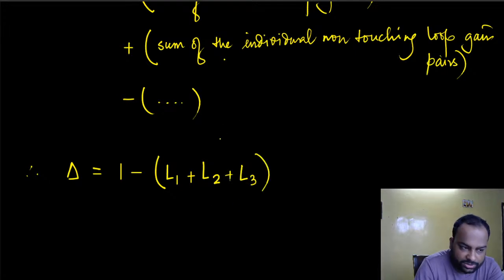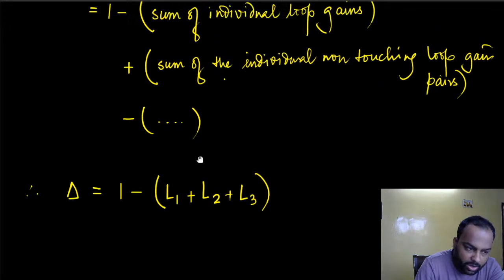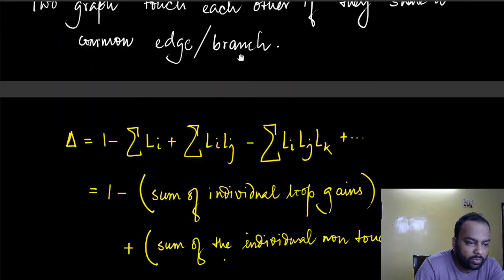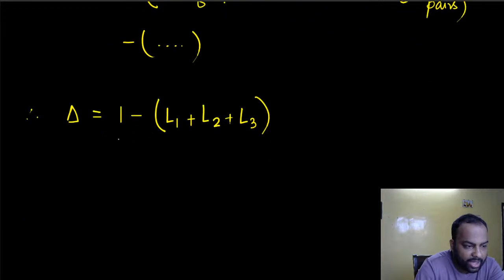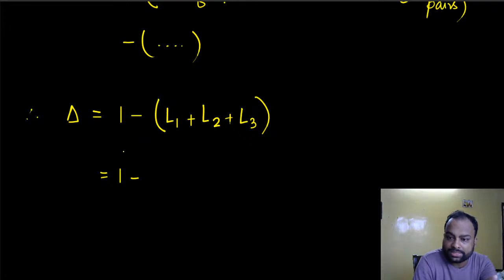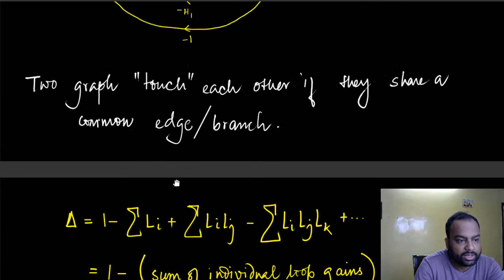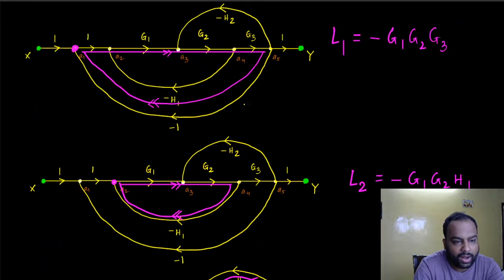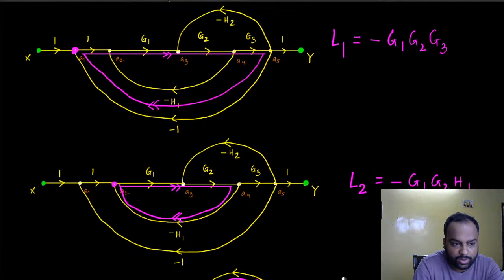Let's consider that first. So in this particular example I have 3 loops, so summation Li would be L1 plus L2 plus L3. What is L1? L1 is this one, L2 is this one, L3 is this one.